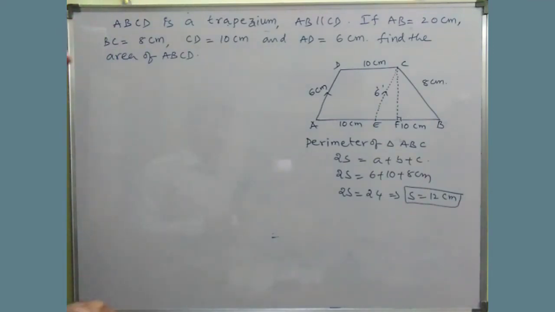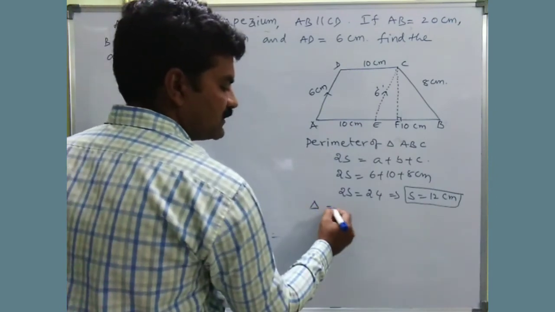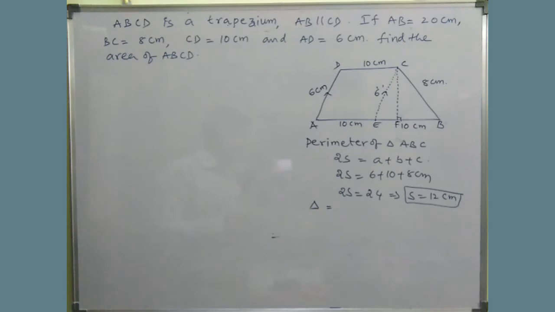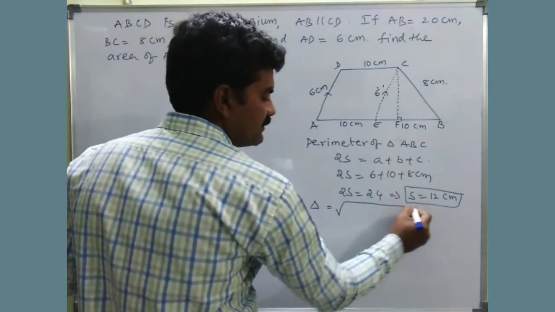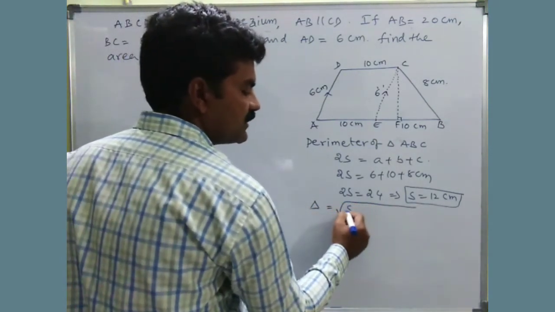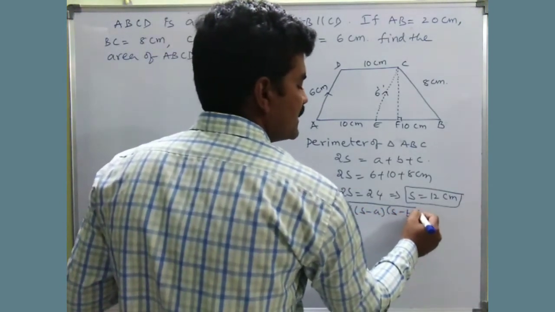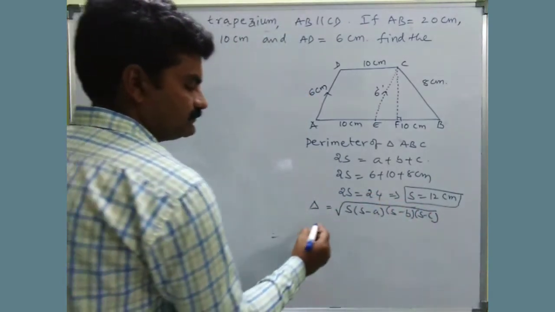Where s is the semi-perimeter. And I think you all know about Heron's formula, which is used to find the area of a triangle. What is Heron's formula? Area, usually denoted by delta, is equal to the square root of s into (s minus a) into (s minus b) into (s minus c).